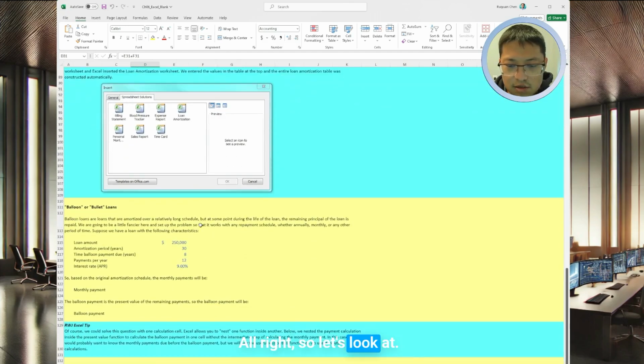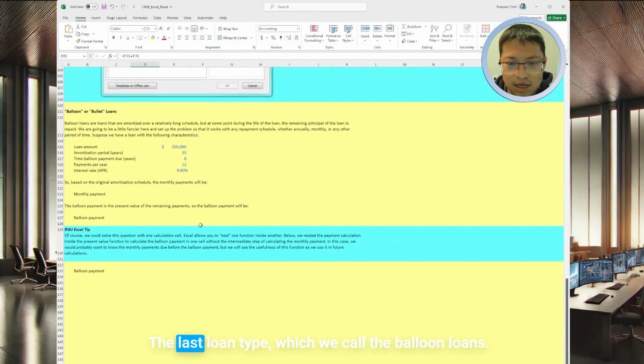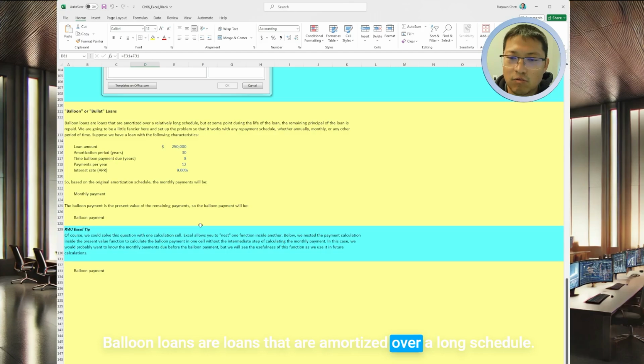All right, so let's look at the last loan type, which we call balloon loans. Balloon loans are loans that are amortized over a long schedule, but at some point during the life of the loan, the remaining principal is repaid.